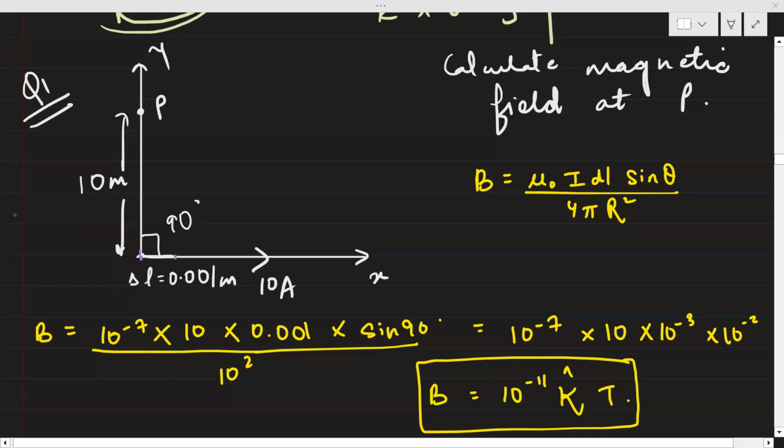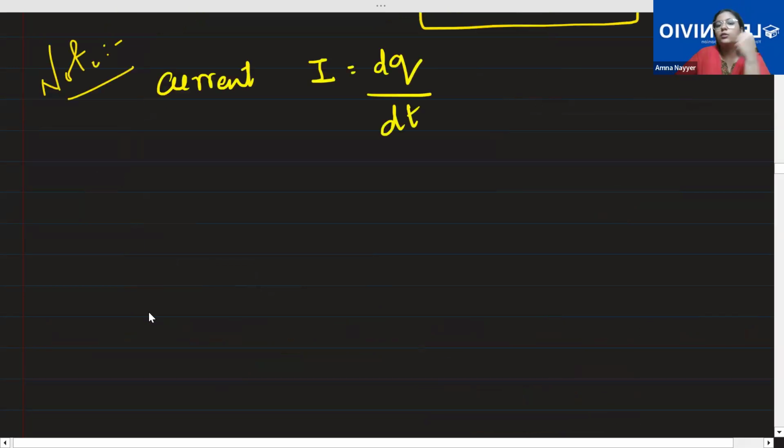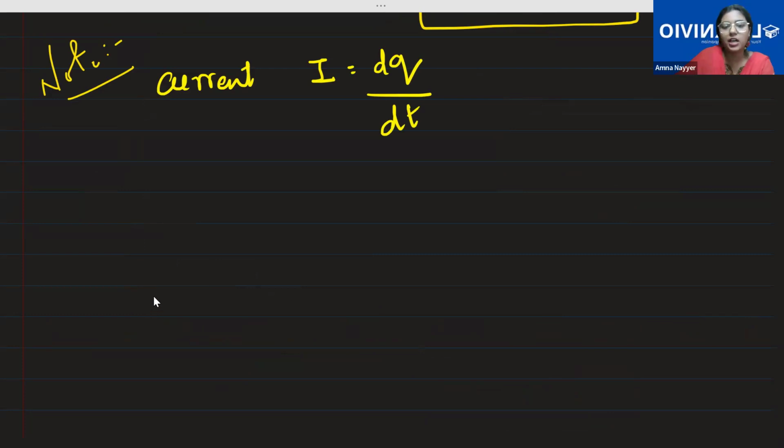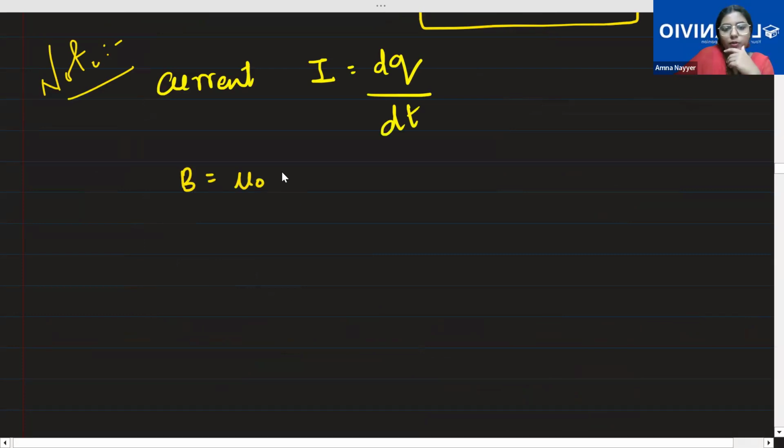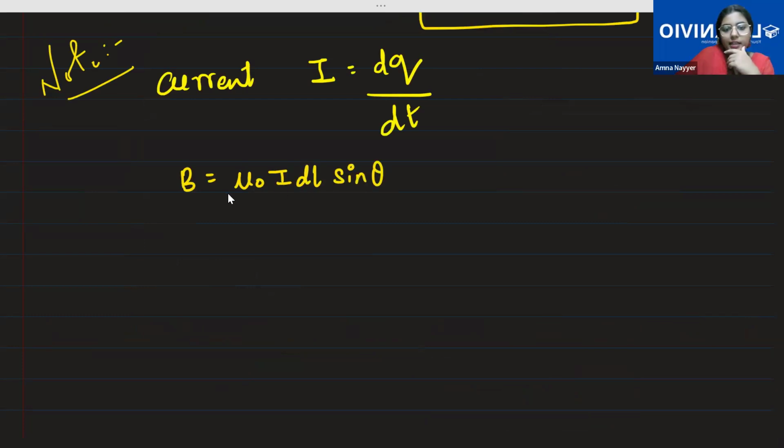All done, ma'am. Okay. See, we know current is equal to I, which is dq over dt, rate of change of charge. So when we put in the Biot-Savart formula, B is equal to mu naught I dl sine theta divided by 4 pi r square.